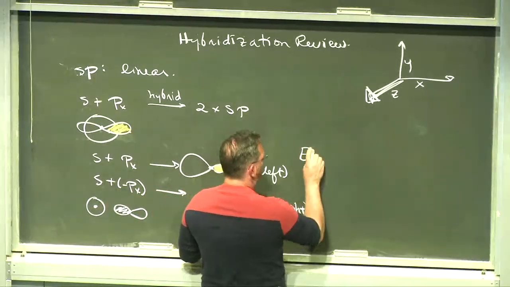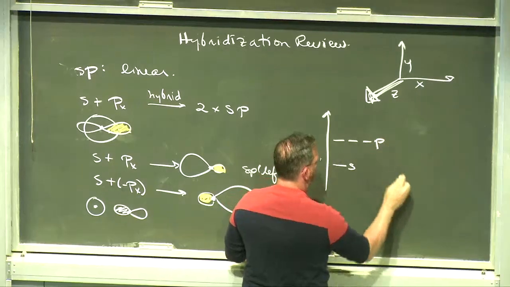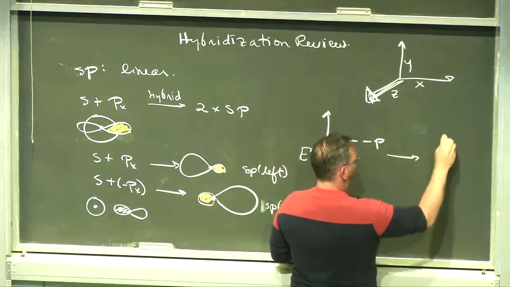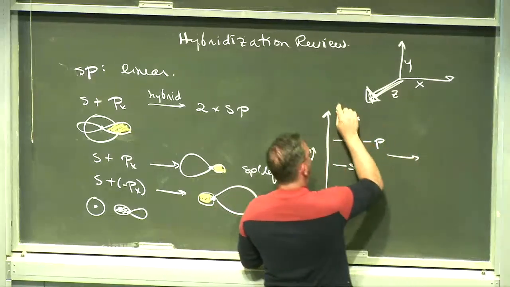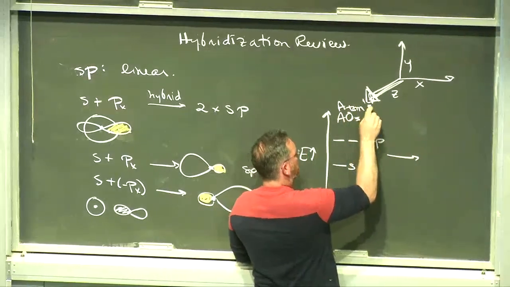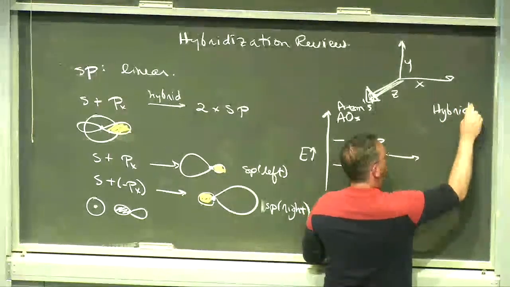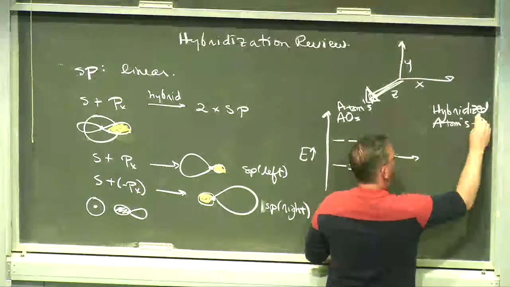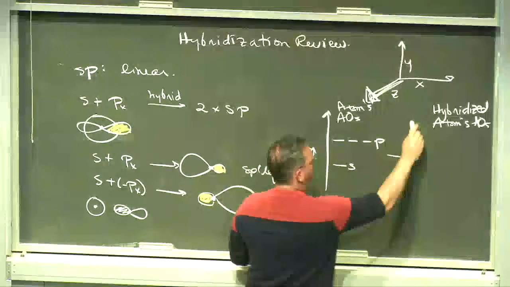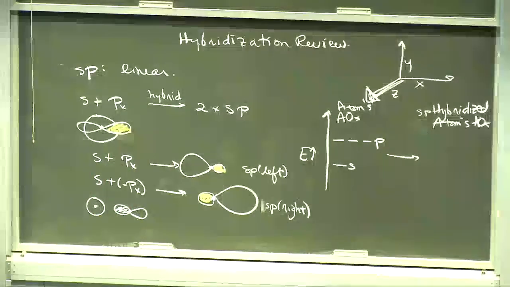Now, the energy of this, sp. So here are an atom's atomic orbitals, and now an sp hybridized atom's atomic orbitals.